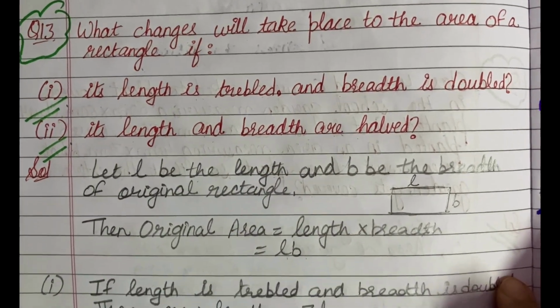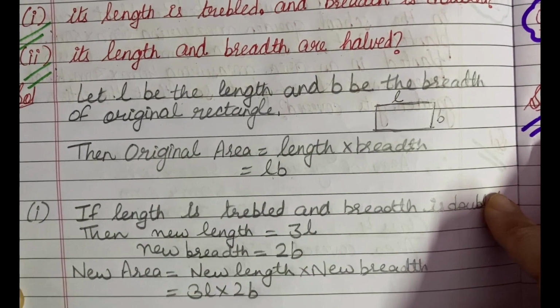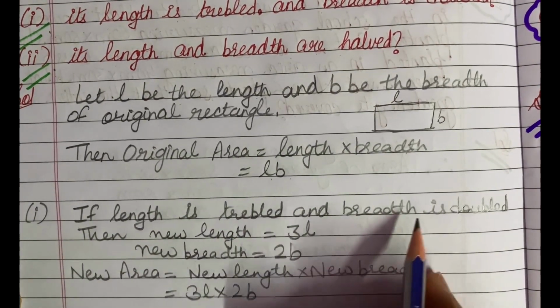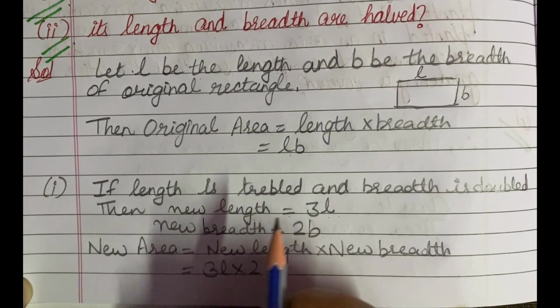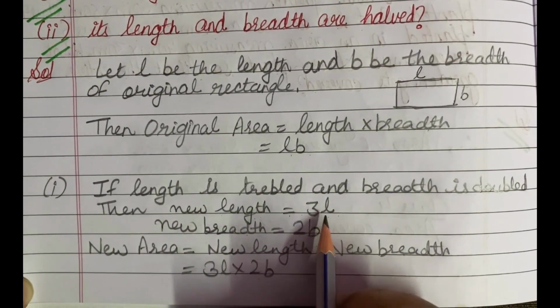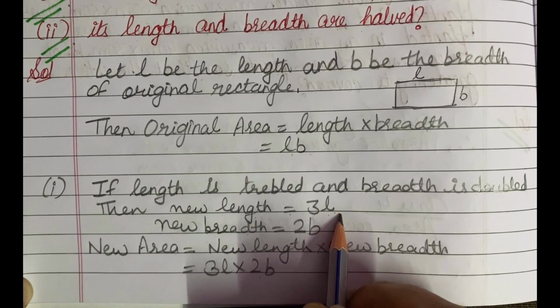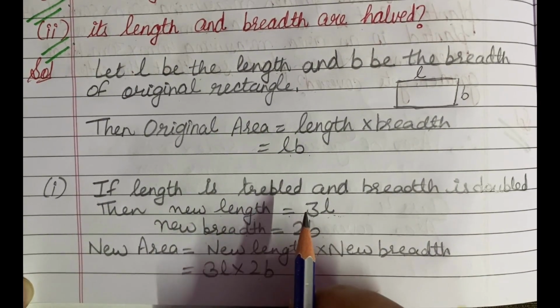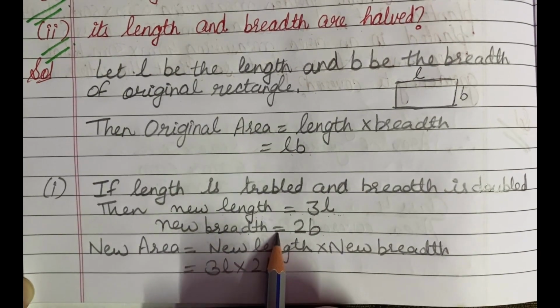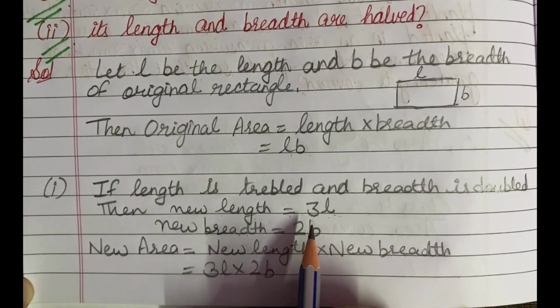Now the first part says that if length is trebled and breadth is doubled. Trebled means 3 times. So the new length will be equal to 3 times L, that is 3L, and doubled means 2 times, so the new breadth will be equal to 2 multiplied by the original breadth, that means 2B.